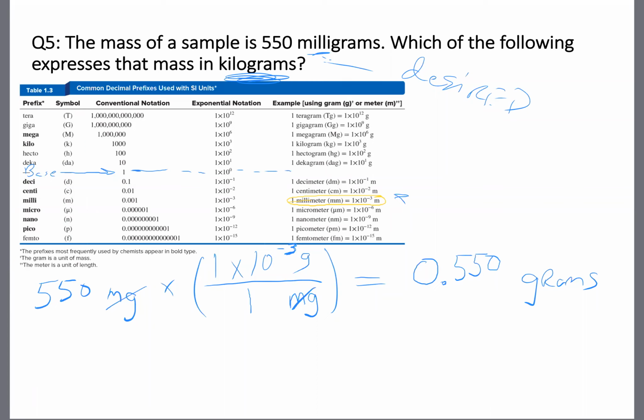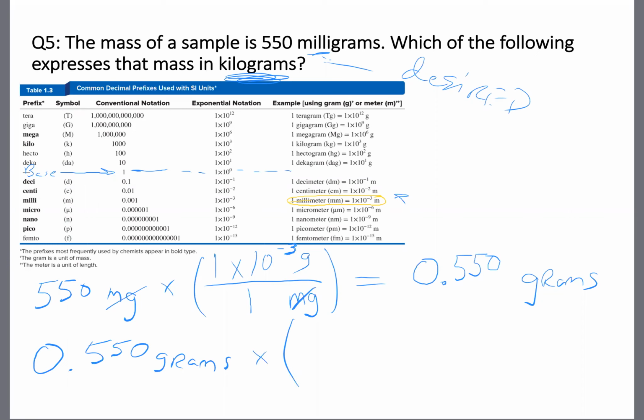You just have to move the decimal spot 3 spaces, basically. 0.550 grams is 550 milligrams. They're physically equivalent. Now that is not our desired answer here, is it? Because it's got the wrong units. We've got 0.550 grams of material. Now we need to convert that into our desired unit of kilograms.